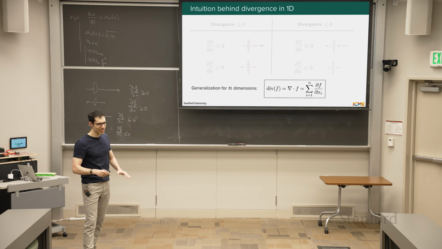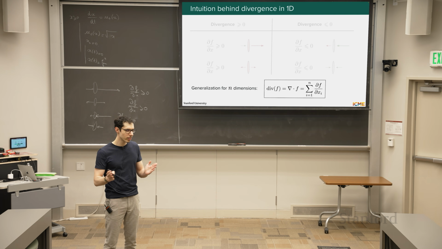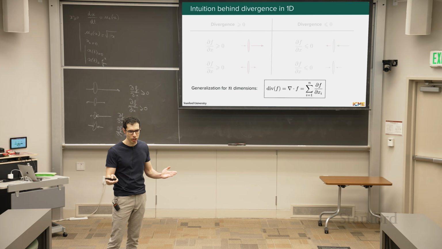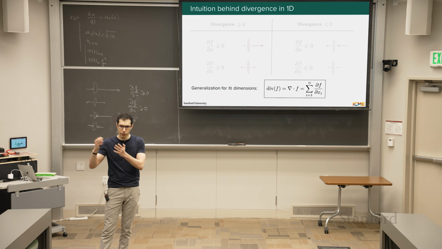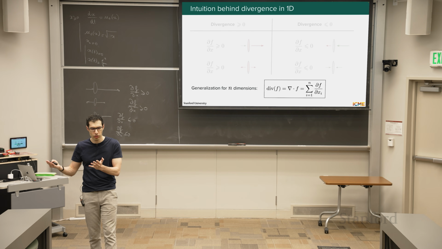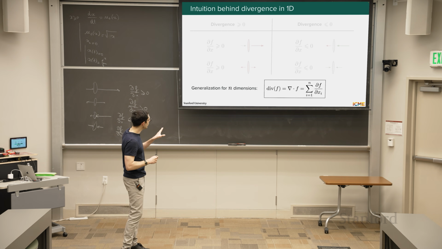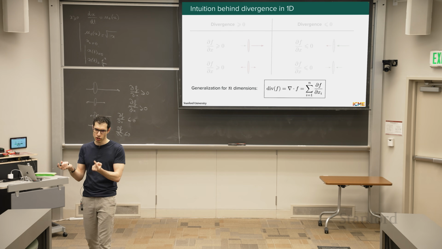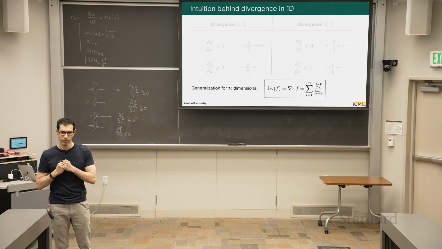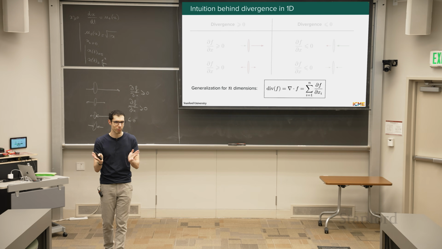So based on this intuition, what I'm now telling you is that there is an operator that is indeed called the divergence, that is a function of a vector, that is a function of x, which is also multidimensional. And what it is doing is it is just the sum of the partial derivatives of f over each dimension of x. So the divergence is a scalar. It's a number.